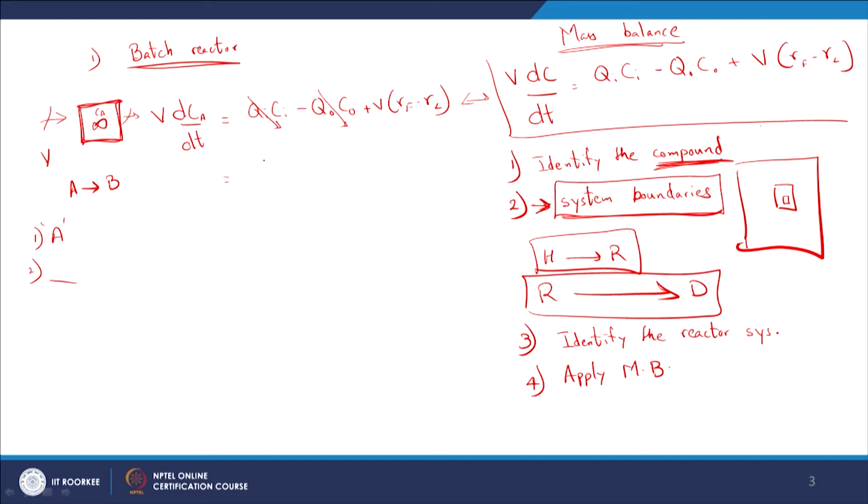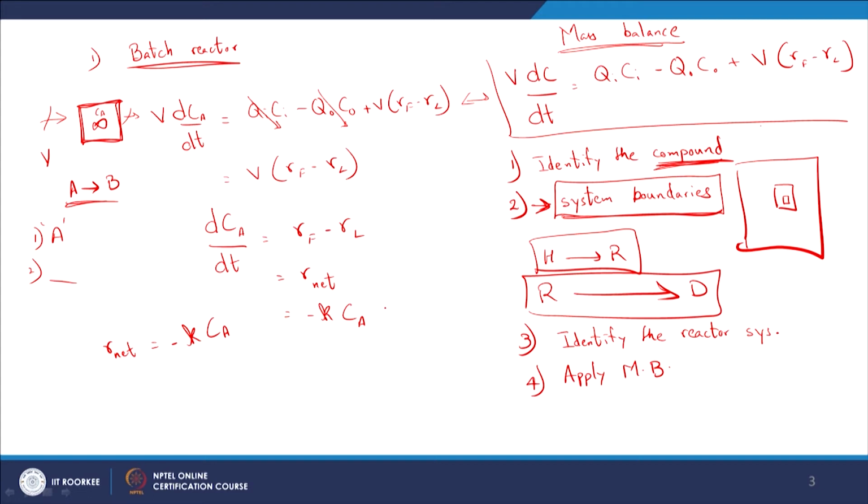So that's equal to just volume into rate of formation minus rate of loss of the compound. That will translate into dC by dt equal to rate of formation minus rate of loss, or Rnet. And in this case, with the background that we have, what is Rnet equal to? A is only being lost, so that's equal to minus k times the concentration of A. And so I can now solve for the relevant equation.